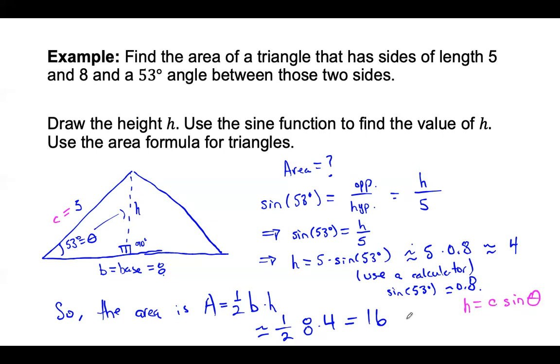So we see we can derive a formula for this. Area is equal to a half times the base times our C times that sine of that angle. So we just derived the formula.